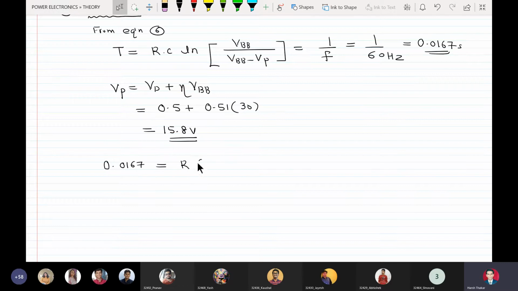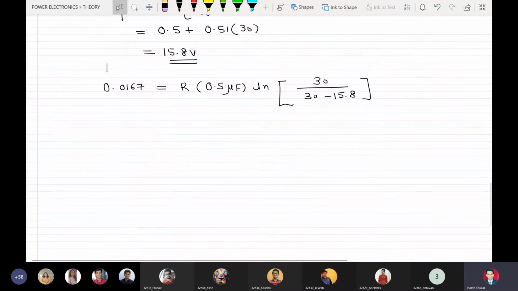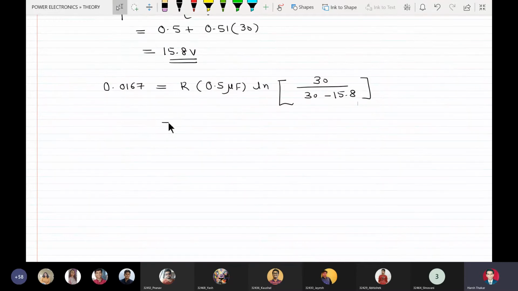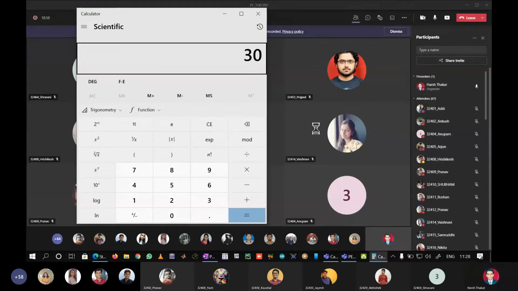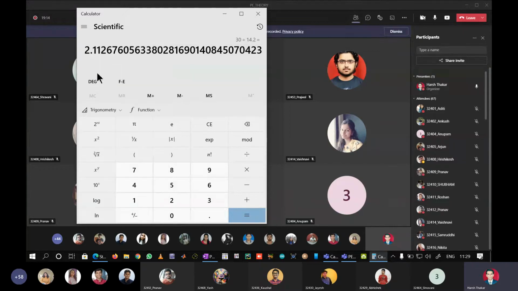So we have 0.0167 equal to R into C, where C is 0.5 microfarad, into natural logarithm of 30 upon 30 minus 15.8, equal to R into 5 into 10 raised to minus 7 into natural logarithm of 0.748.